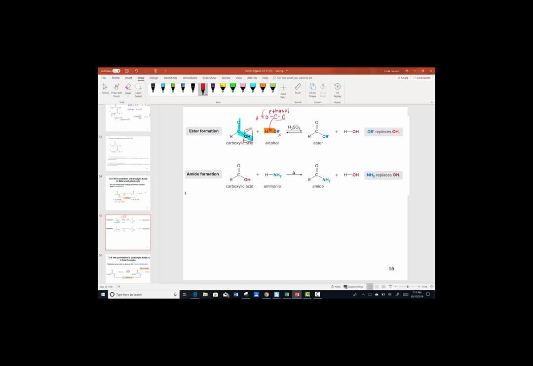The OH on the acid and the OR from the alcohol exchange places. So now we have water produced and an ester comes out. We have exchanged a carboxylic acid into an ester by a substitution reaction, and to do that requires the use of an alcohol.